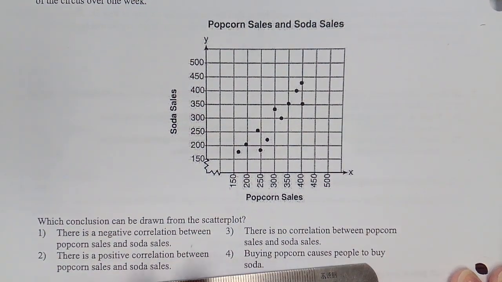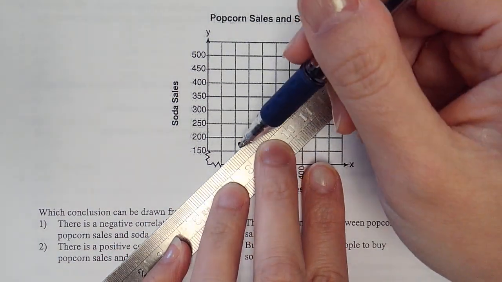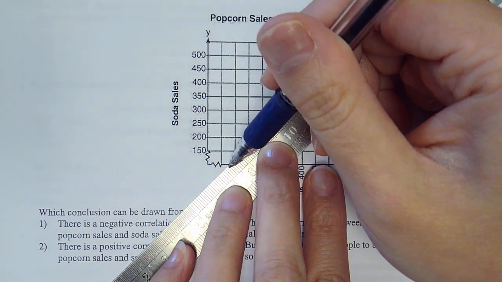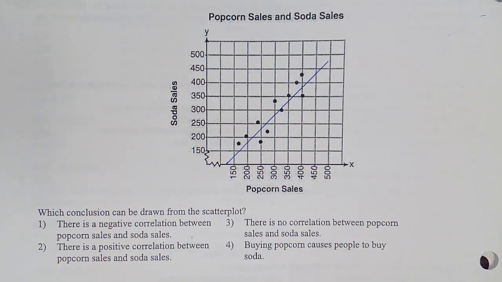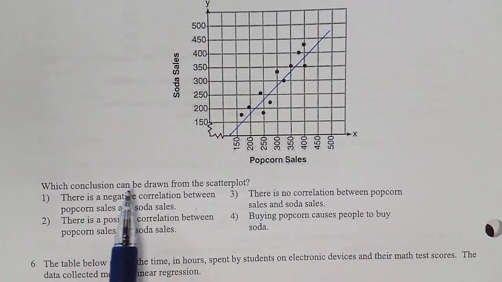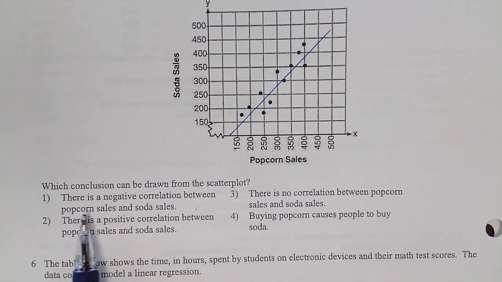All right, this one, popcorn and soda. This is a relationship between popcorn and soda. I will draw my line of best fit like that. What conclusion can we make of this? There's a negative correlation between popcorn sales and soda sales.